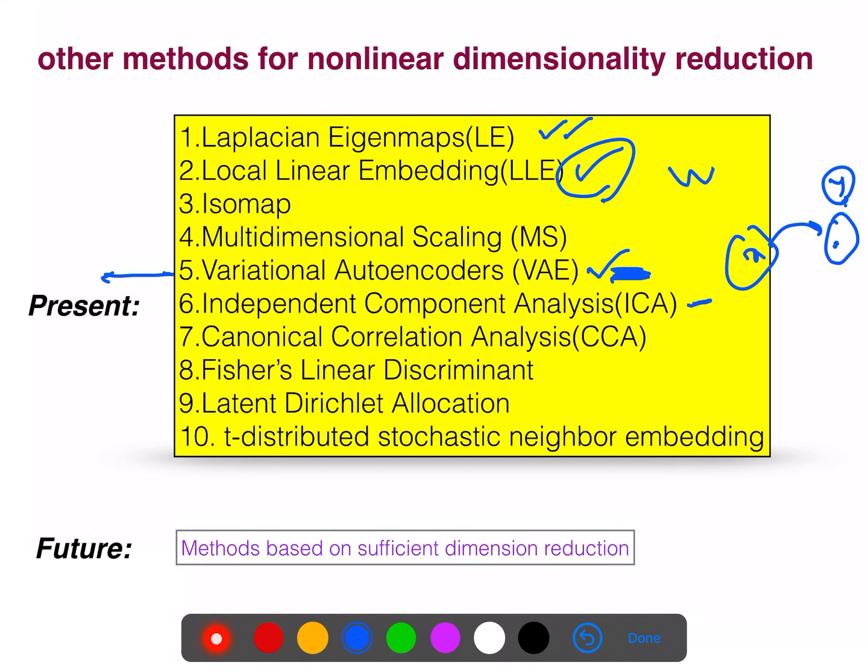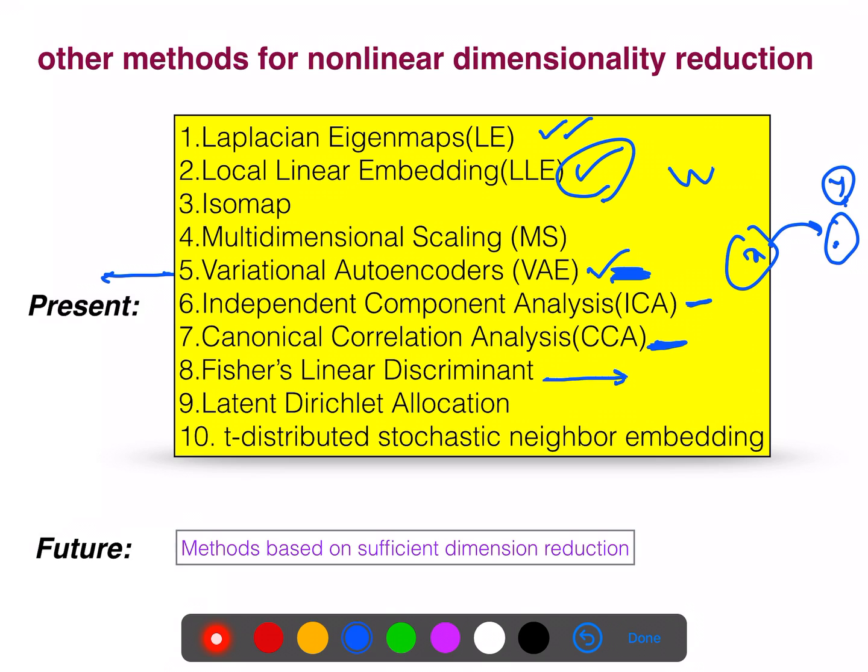But there are other methods like independent component analysis, which is not really mature. We have canonical correlation analysis. It is really good if you have two sets, two pairs, and if you have the pair, then you can use this method, and it has some advantages over other methods.